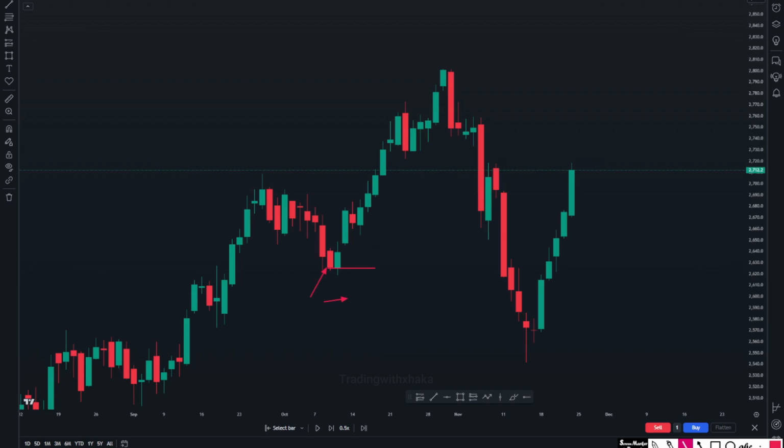It closed bullish, so we're anticipating that the next day will be bullish, and you see it happens here, right? It will not be 100% accurate all the time, because as you can see here, the first day candle closes bullish, the second day closes bearish, and the third day price was bullish. I hope I'm making sense.